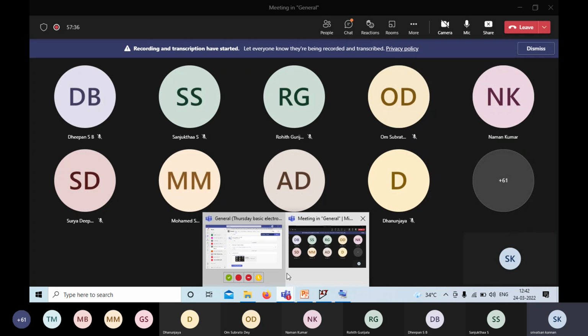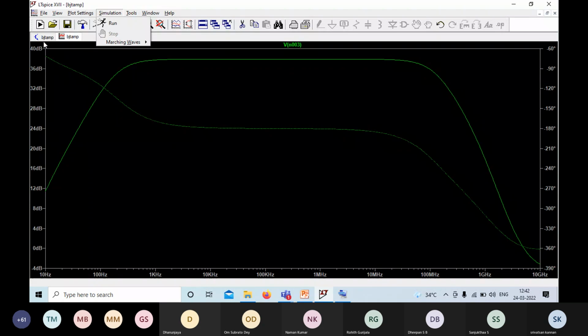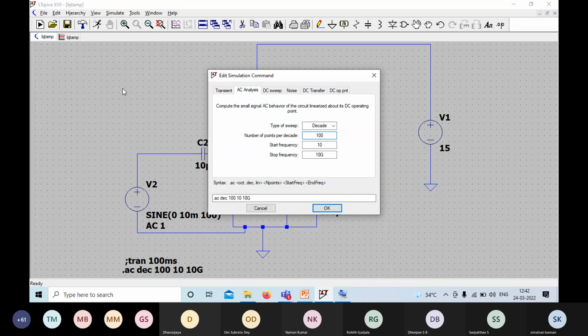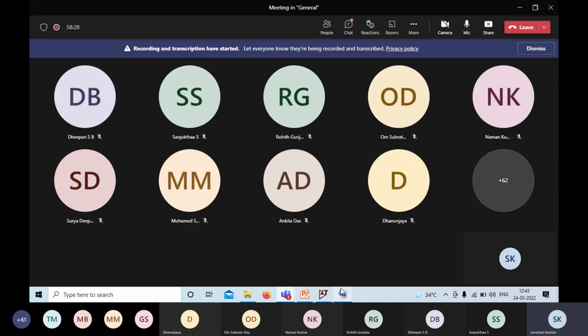Yes, okay, I'll show you the settings. Settings are done. Everyone got it?